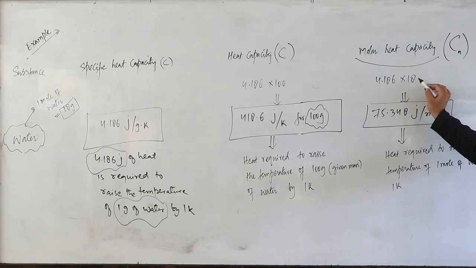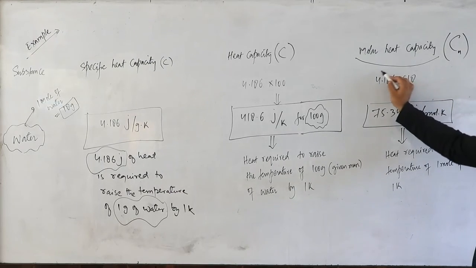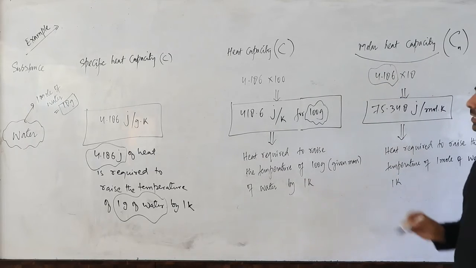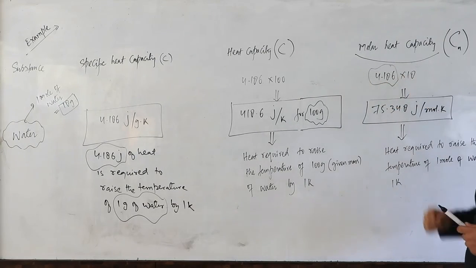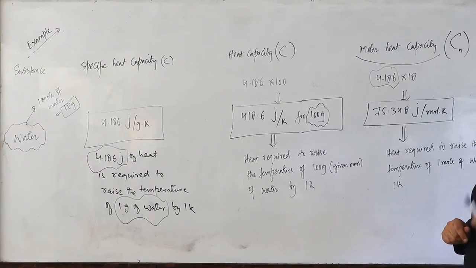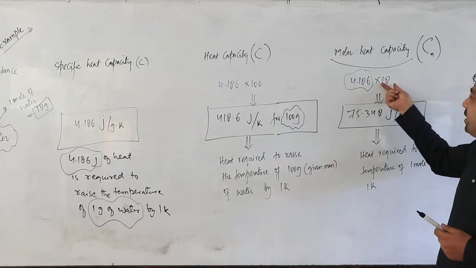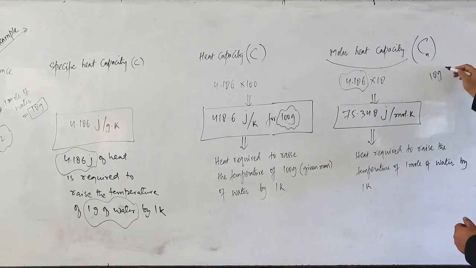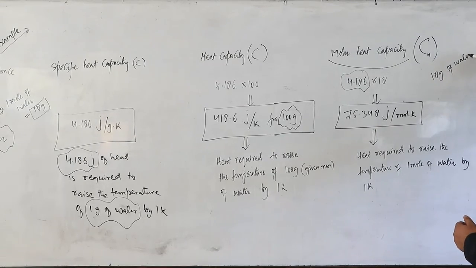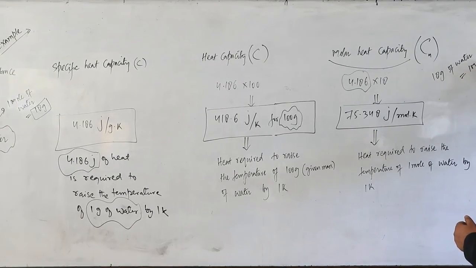So this 4.186 represents the heat required for raising the temperature of 1 gram of water. Multiplied by 18 means the heat required to raise the temperature of 18 grams of water by 1 degree Celsius. And 18 grams of water is equal to what? 1 mole. And we know here 18 grams of water is equal to 1 mole.